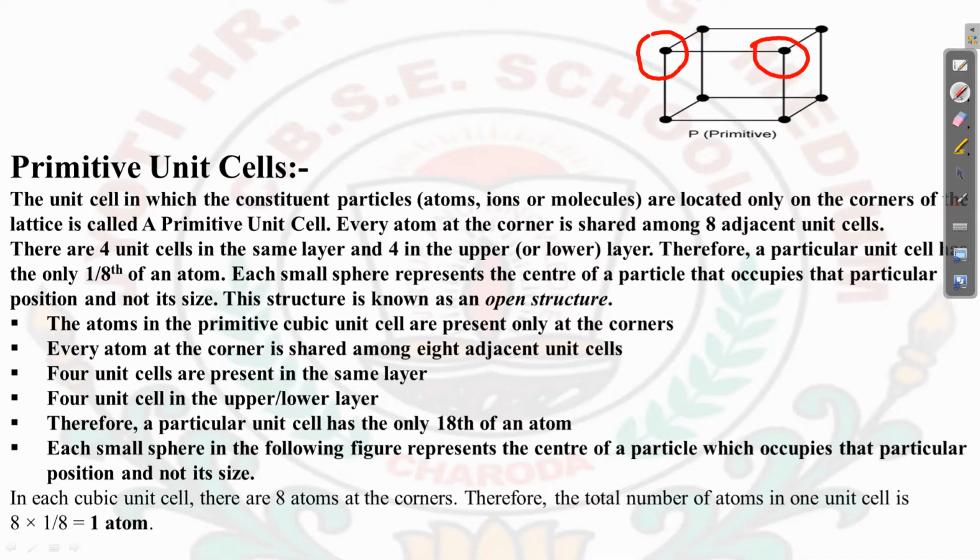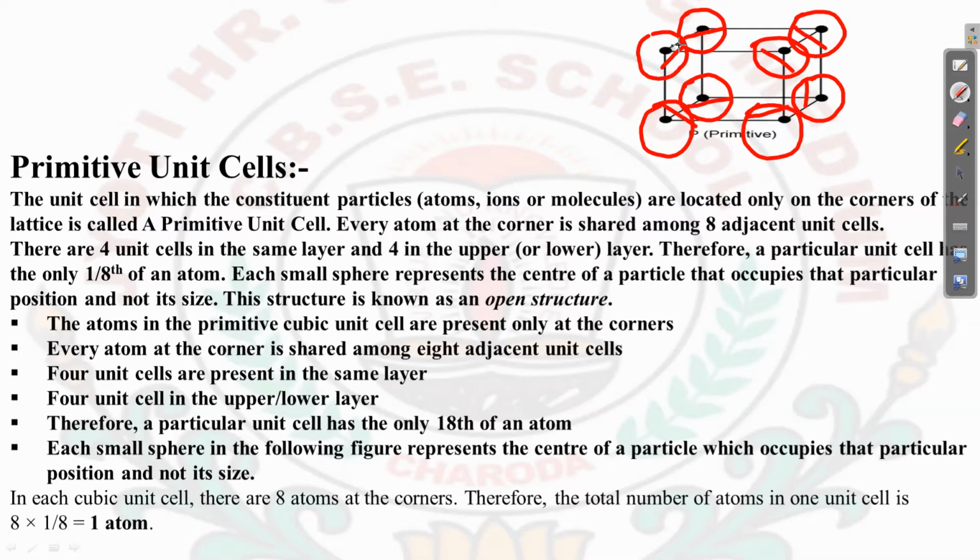The lattice point is the representation of these atoms, ions or molecules by their center points only. They are generally very big and they touch each other. So here we can see that only 1 by 8th part of each atom is being used.